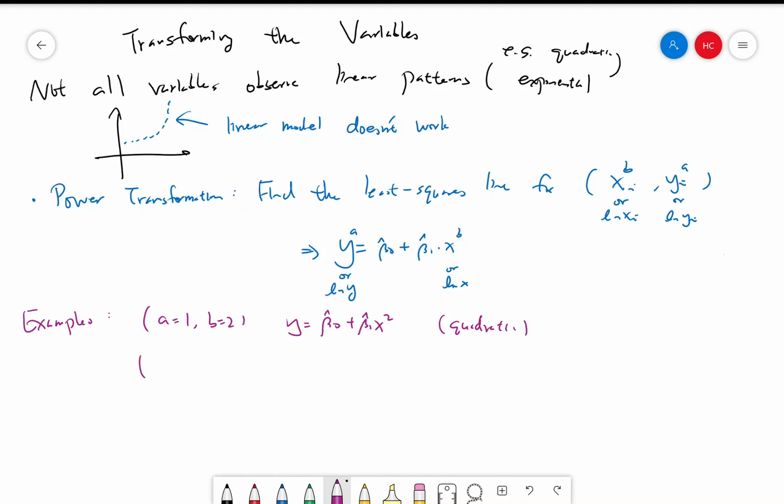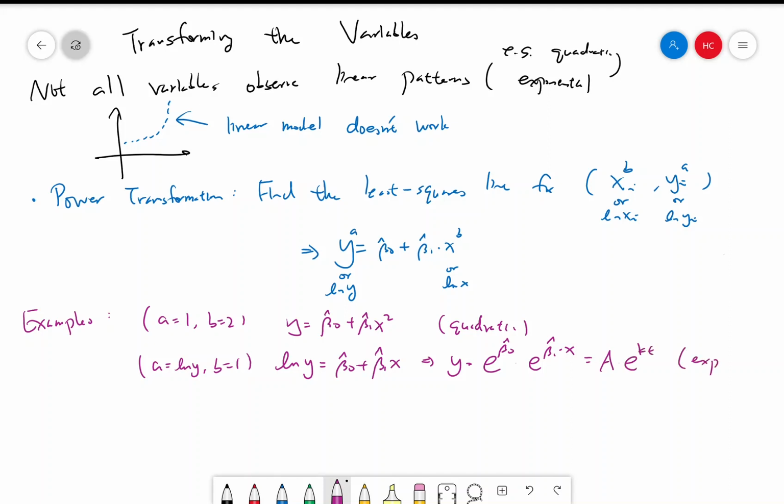And if a is ln of y and b is equal to 1, then we get ln of y equals beta 0 hat plus beta 1 hat times x, which gives you y is equal to e to the beta 0 hat times e to the beta 1 hat x, which is equal to a times e to the kt. This gives you an exponential model.